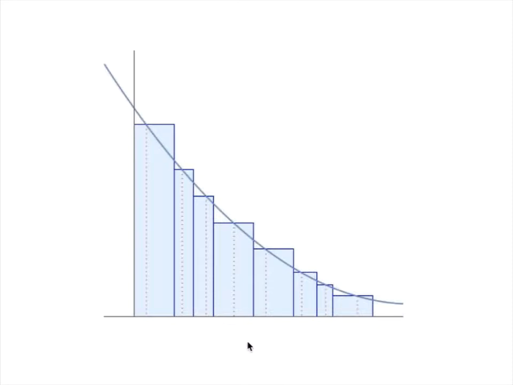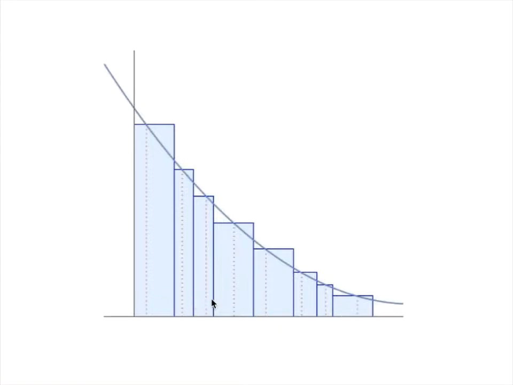And if we make these rectangles smaller, you can fill the gaps better. So the more rectangles we fit in this area, the more accurate our estimation would be. Now, if you noticed, these rectangles are irregular.